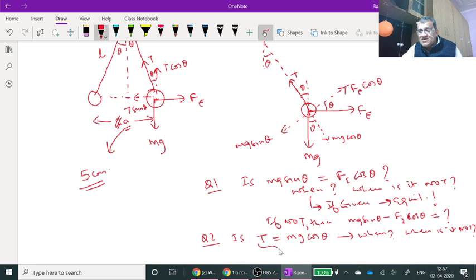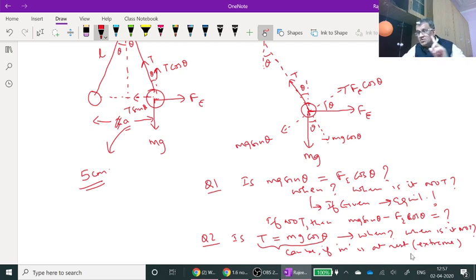This T can be equal to mg cos theta if m is at rest, or say at the extreme position. Fe sin theta.